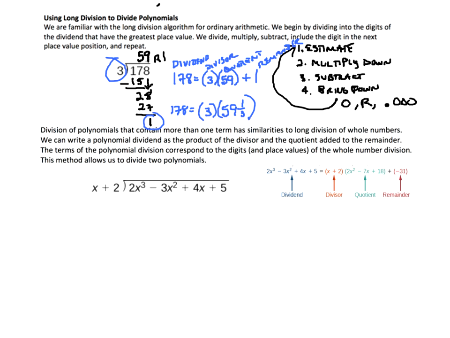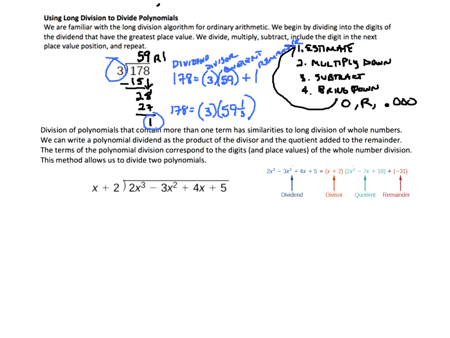So if you grabbed your calculator, I've got my calculator right here, and you did 3 times 59, that's 177 plus 1 is 178. So that checks out with the first way we have it written. And then if I do 3 times 59 and 1/3, let me go back and put some parentheses here, 59 plus 1/3, I get 178 as well.